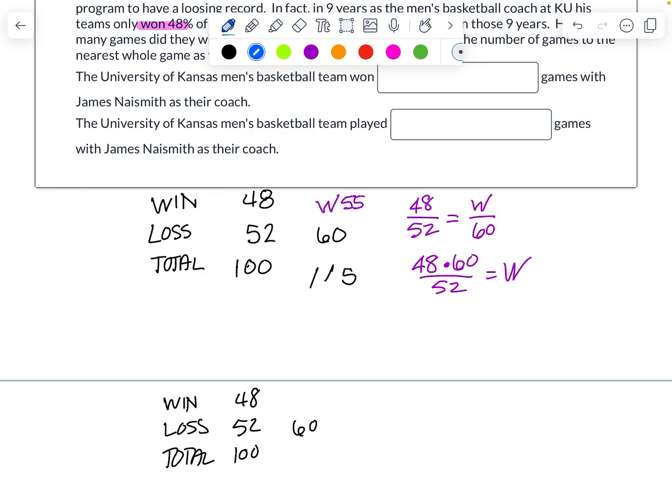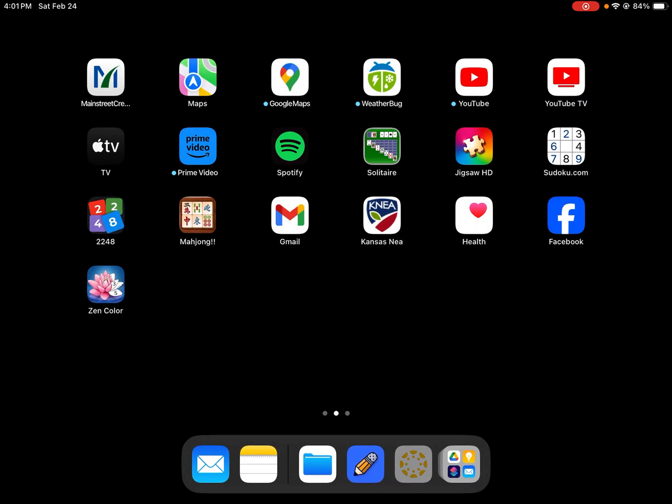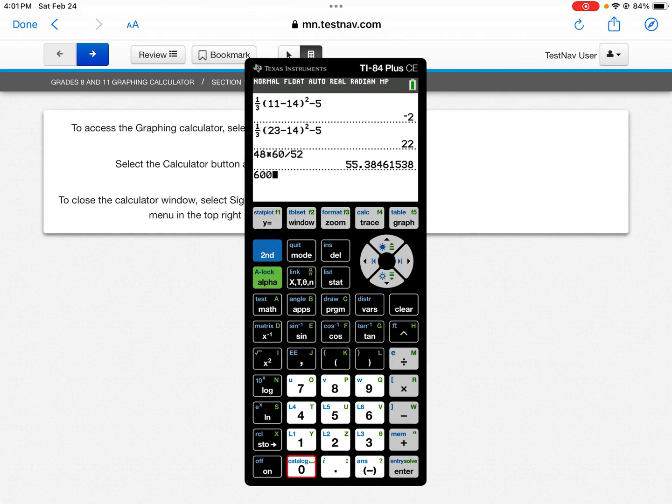If we look for the total, that is 52 100ths is equal to 60 T's, which would be 52 T's equals 60 times 100, which then we would divide by 52. So then the total would be 6,000 divided by 52. I pray it is the same number.